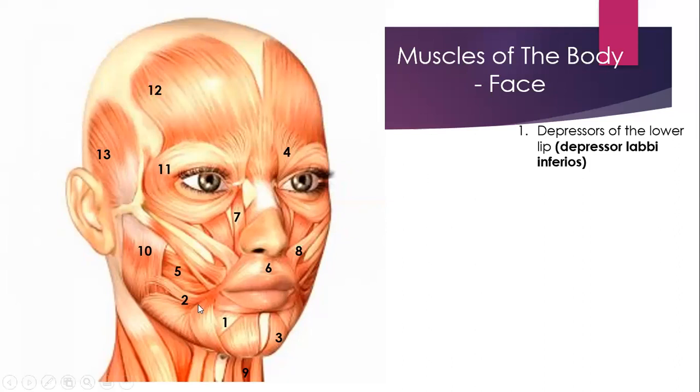Number 2, this one here, angled at the corner of the mouth. Can anybody tell me which muscle this is? You can write it in the chat or unmute yourself.